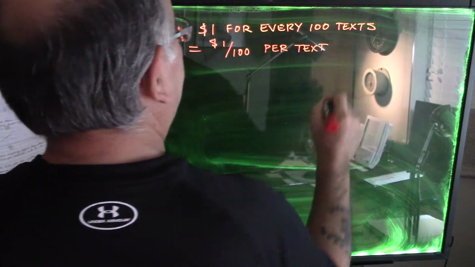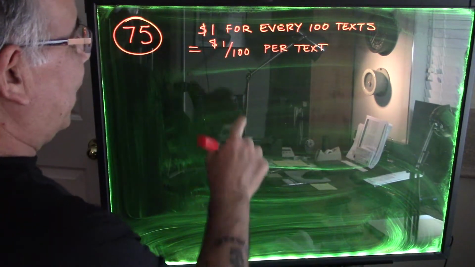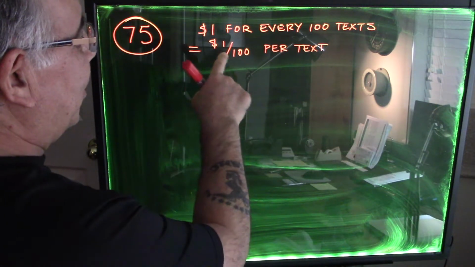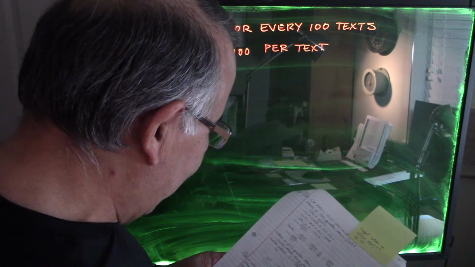In other words, 1 cent, 1 penny, per text. You have 100 texts, is $1. So each text costs you 1/100th of $1, or 1 penny, 1 cent.